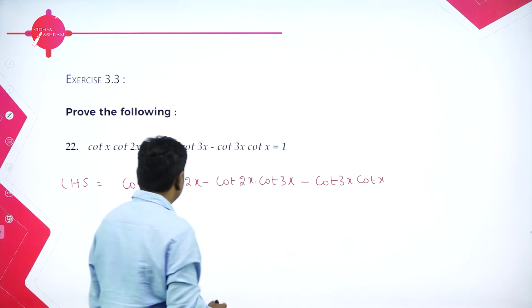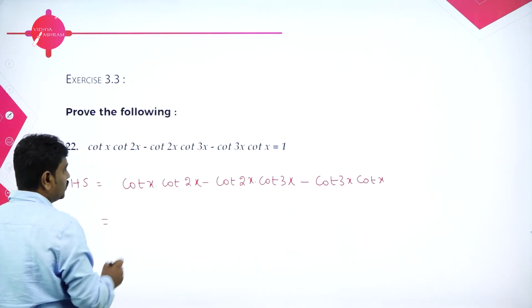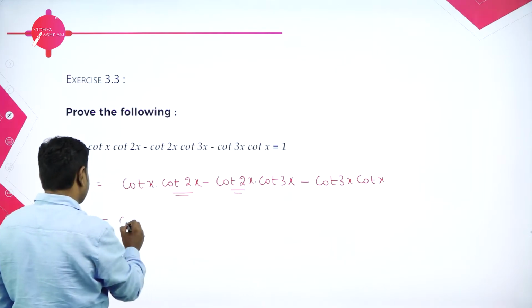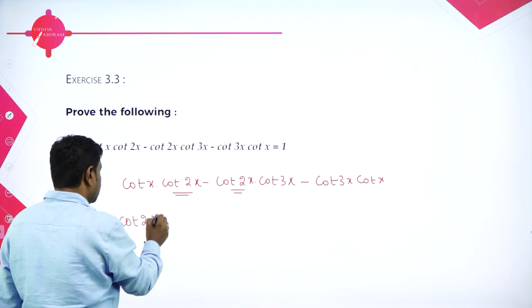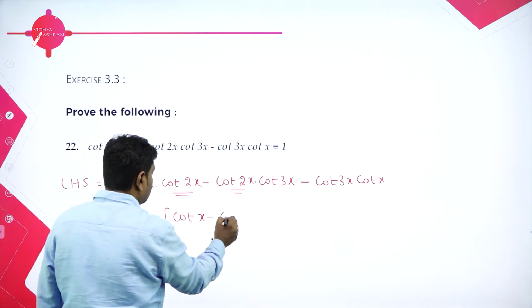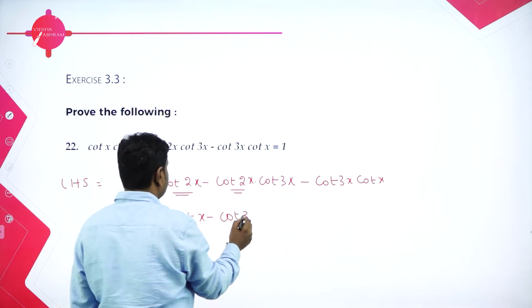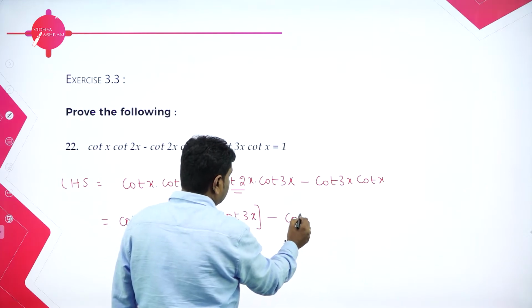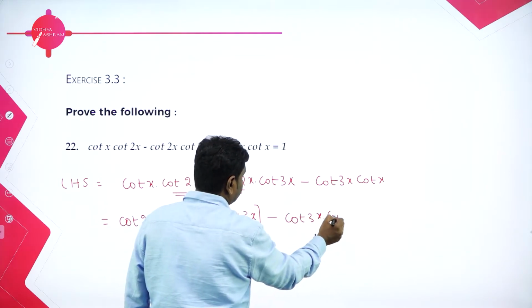Now in the first two terms you can see cot 2x is common. Take cot 2x common, you are left with cot x minus cot 3x, minus again cot 3x into cot x.